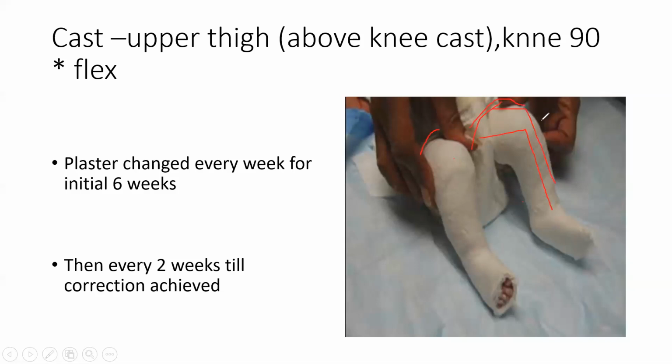These two things are very important. Why are you putting it up to the thigh? Because the muscles of the thigh which go down to the foot will try to push and pull. So you want to negate all these effects of the thigh muscle. That's why you are putting it up to the thigh, to negate the muscle action on the foot.